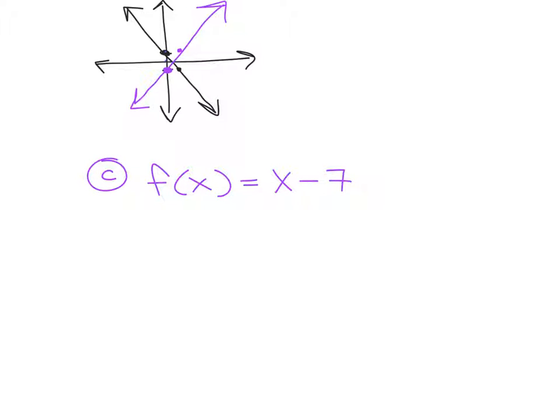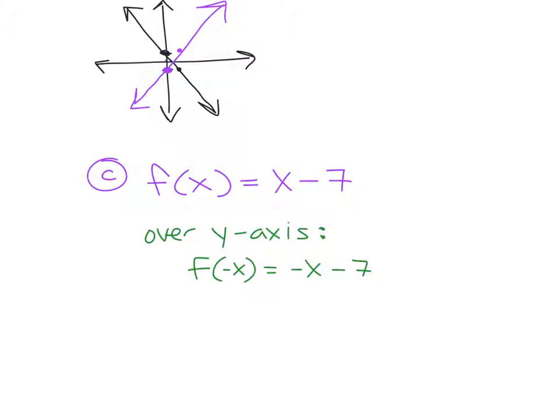If I want a reflection over the y-axis, what is my new equation going to look like? F of negative x equals what? Negative x minus 7, because the only thing that changes is my slope, right? When you go over the y-axis.